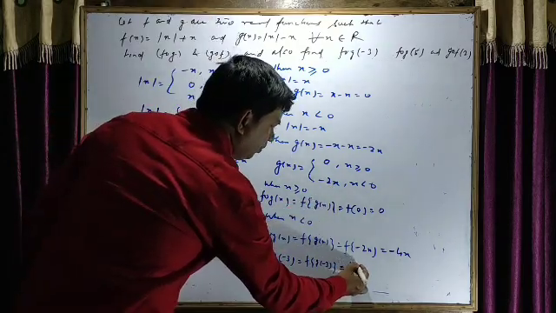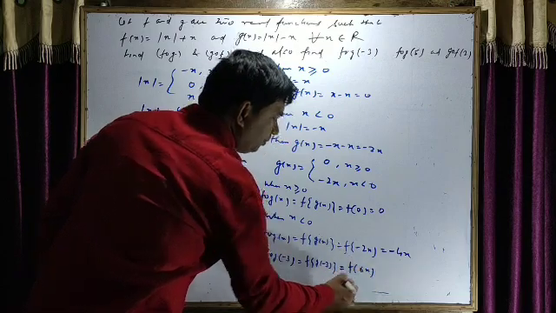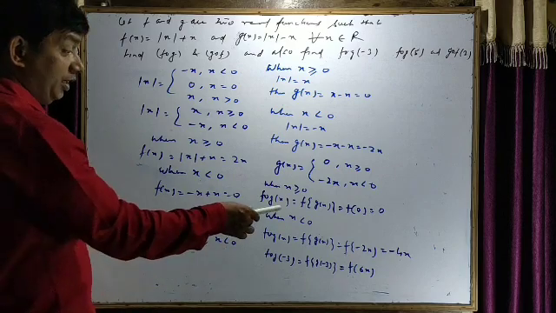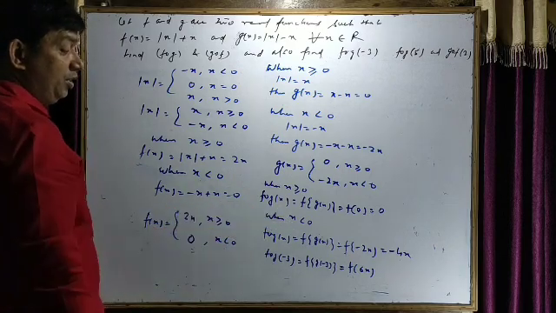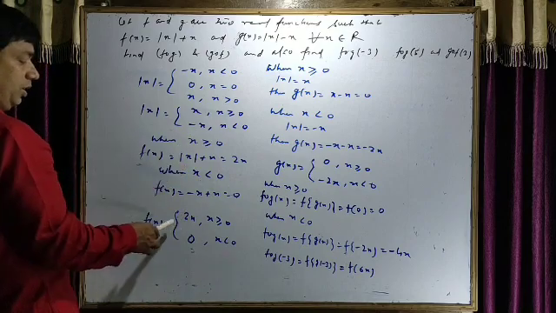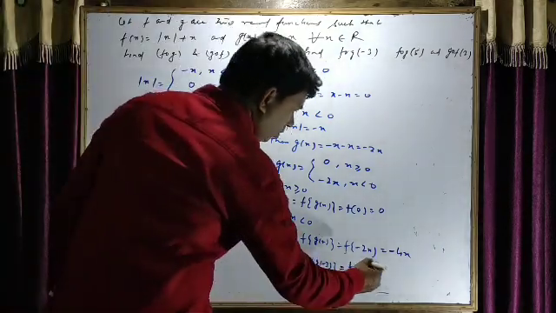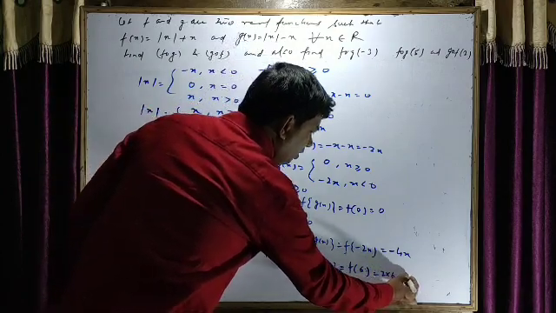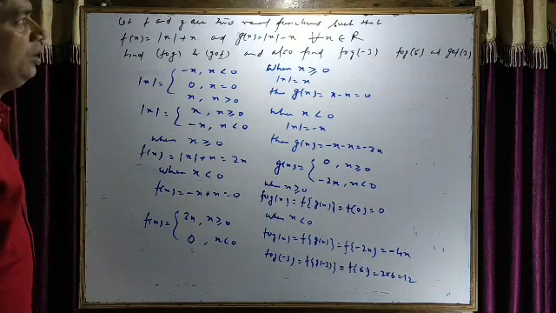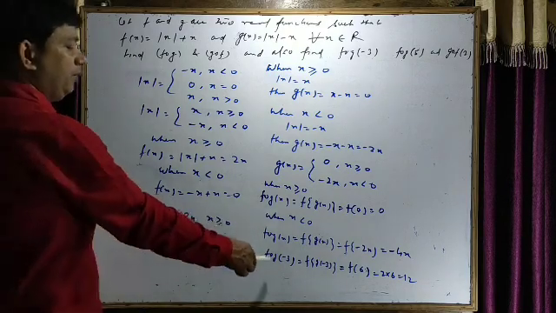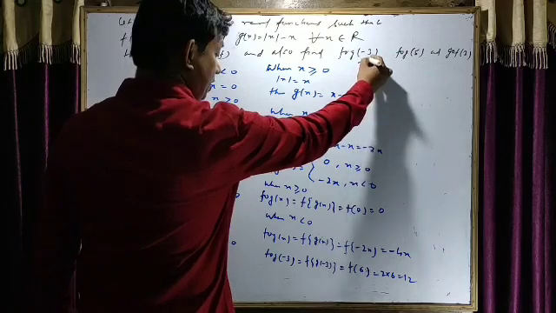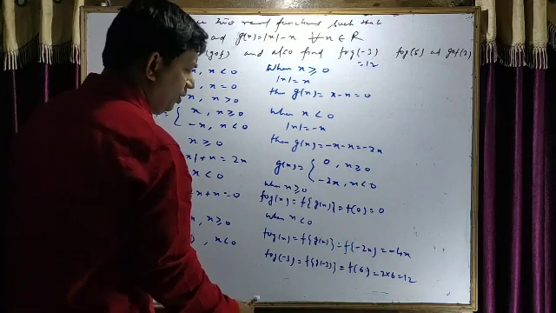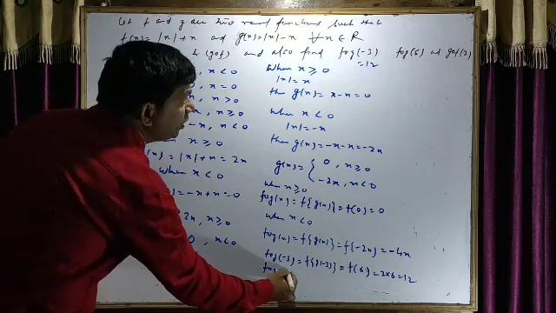So f of 6, and since 6 is greater than 0, the answer is 2x, so 2 into 6, which is 12. So for this question I gave, the answer is 12.